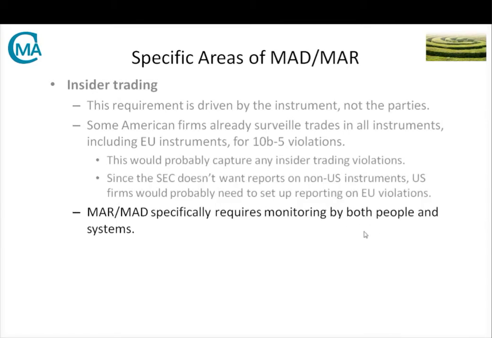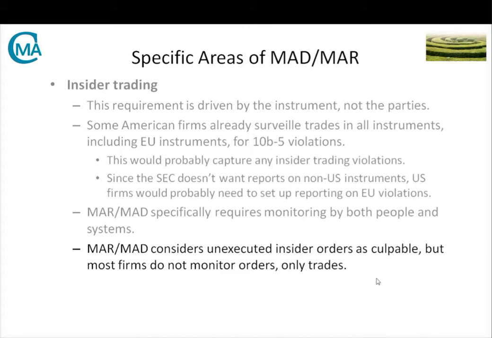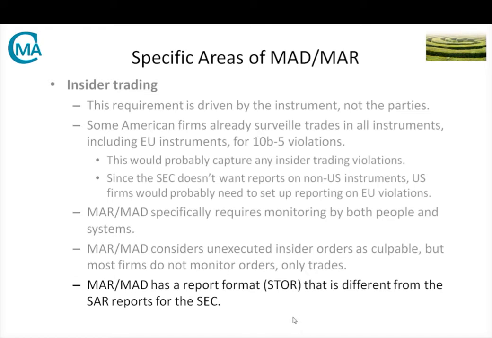So there needs to be additional done. This requires both people and systems, and many firms do not monitor orders. So we're seeing lots of people having to greatly expand their monitoring to cover orders over the same time period that they're currently covering.